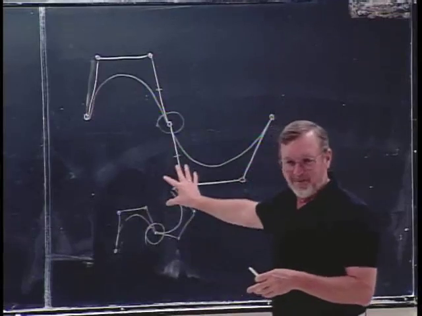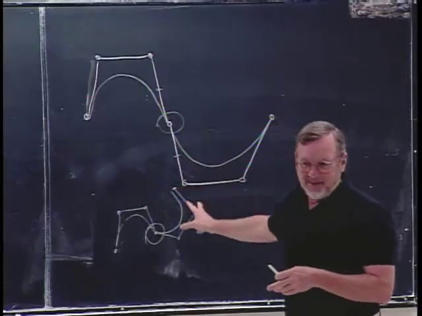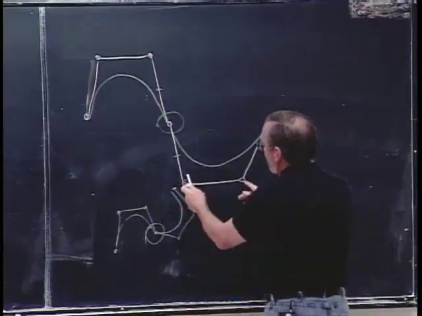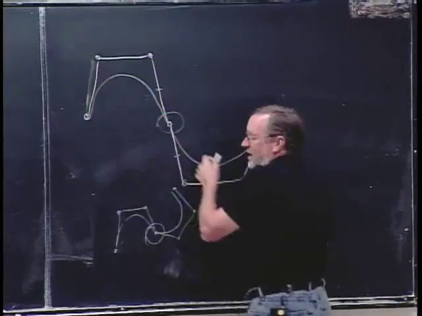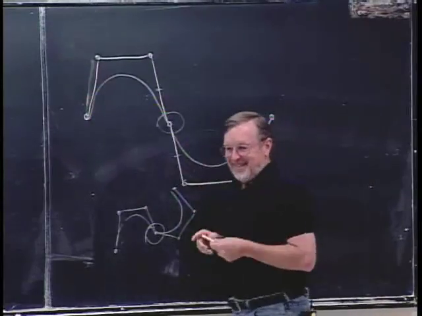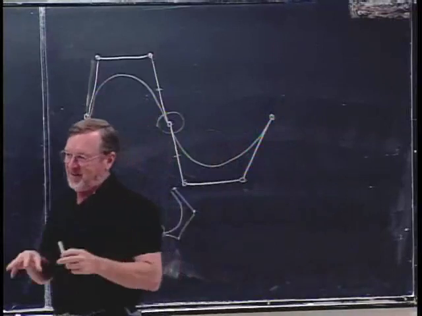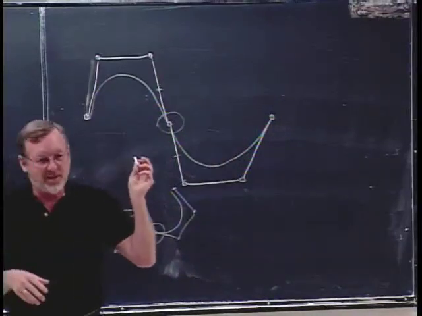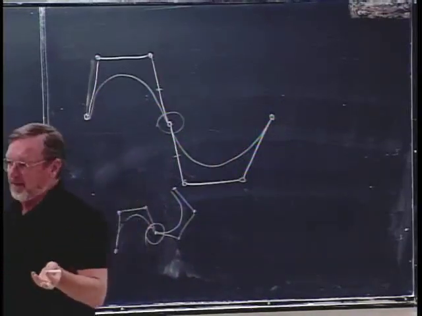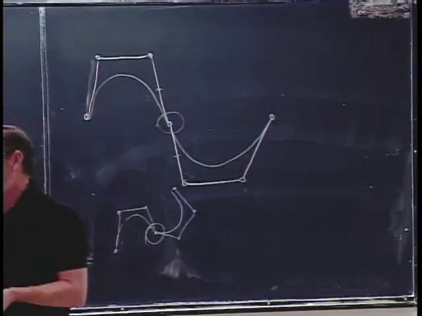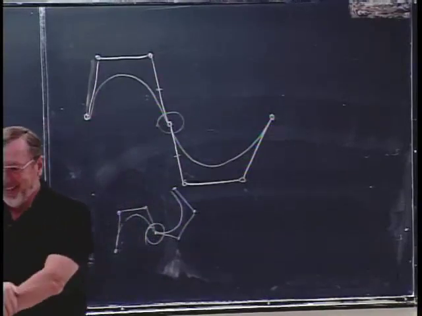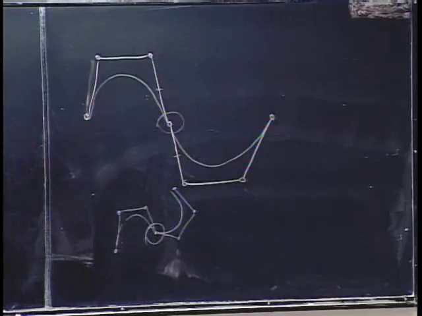I'm going to avoid that one for this class, okay? Because then, if you want the second derivatives to be the same, then these points have to be constrained a little bit too. And then it gets dicey. And if you want the third derivatives to be the same, then you get basically one curve. There's only one curve that fits the whole thing. Okay? It constrains everything.